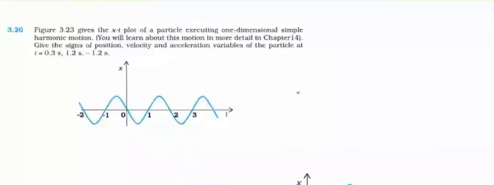Now, question 20. Again, one-dimensional motion and harmonic motion. The question says that you will study the details of this in chapter 14, so we will just see the answer, nothing more. Here t is equal to 0.3 seconds, maybe this point.